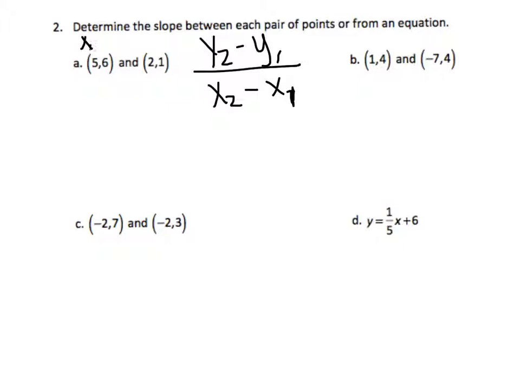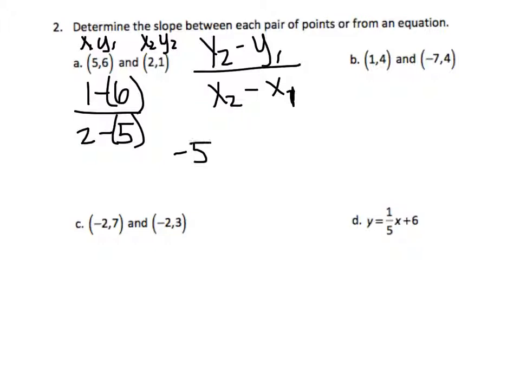Either way, if you labeled this one as your x2 and y2, and this one as your x1 and y1, your final answer will still reduce to the same number. So I'm going to take 1 minus 6 over 2 minus 5. I always like to put the second one in parentheses, and I'll show you why in C. So I have negative 5 over negative 3, and then I simplify this down into 5/3. You always want to simplify your slopes.